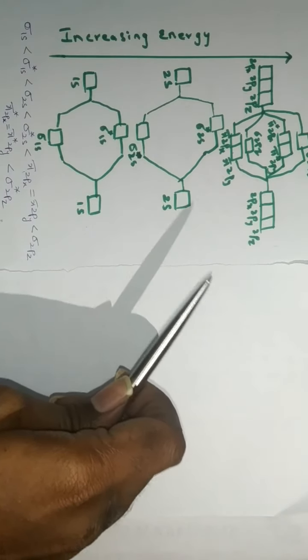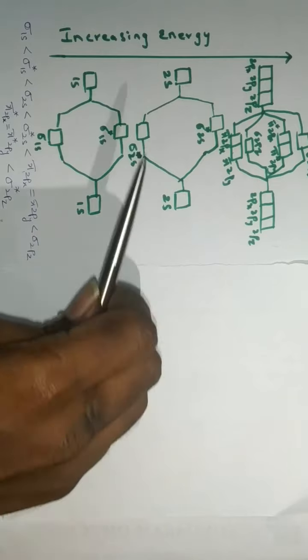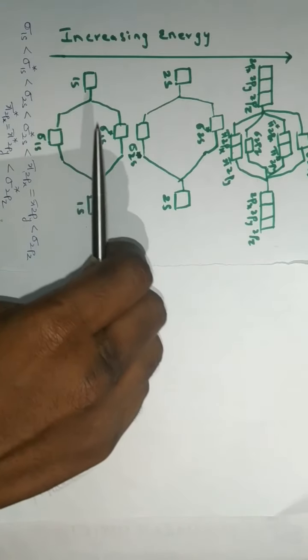This is the increasing order of molecular orbitals obtained by the combination of atomic orbitals.